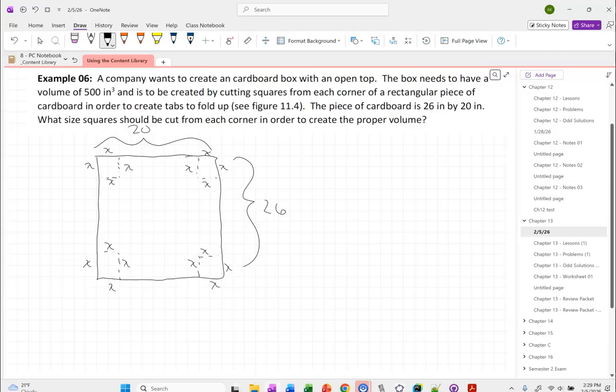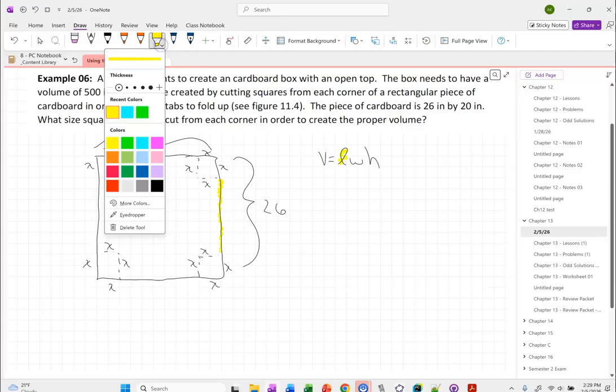Who remembers how to calculate the volume for some rectangular solid like that? Length times width times height. Great. My problem with that, though, is that there are 3 separate variables in that. I want to reduce that down so that it has 1 variable. So if I think about my picture, this side here, from there to there, would be my length.